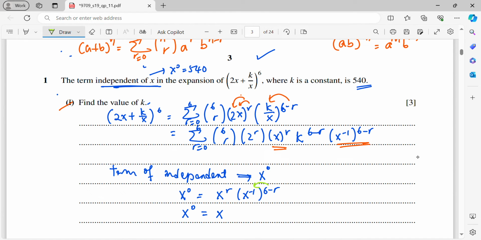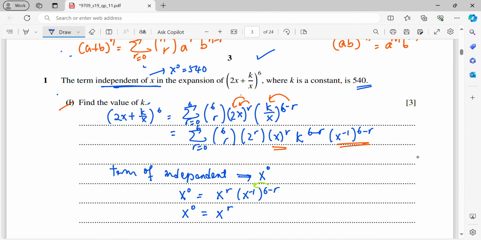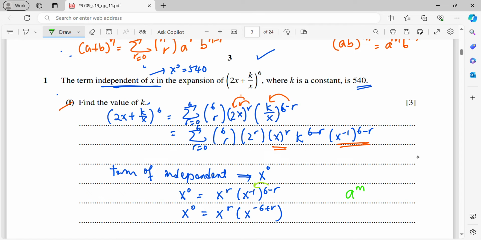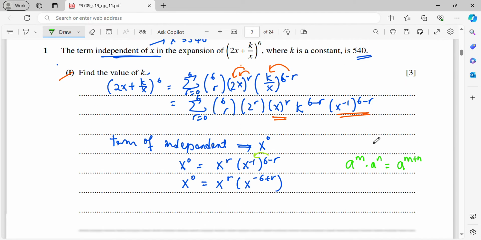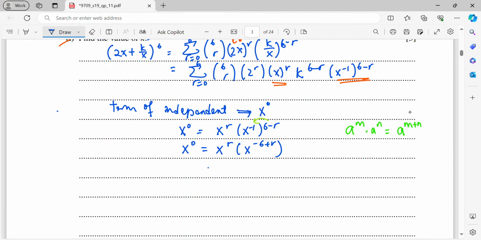Okay, and then we have a formula here. This is x degree r, then x degree minus 6 plus r. Then I have another formula, which is a degree m multiplied with a degree n, that is a degree m plus n. That means now I will just combine my degrees. So it will be r plus minus 6 plus r.